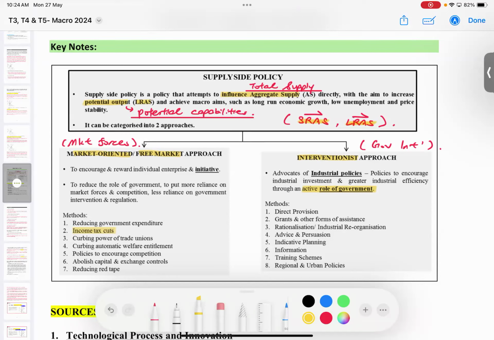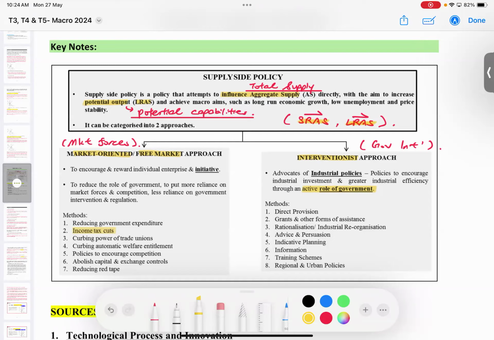What are the two ways to achieve long-run economic growth? One is to increase the quantity of resources. The other is to increase the quality of resources. Look into tutorial 1, there's a mind map for that. Now, when you look into the increase in the quality of resources, what are the 3 ways for us to increase the quality of resources?